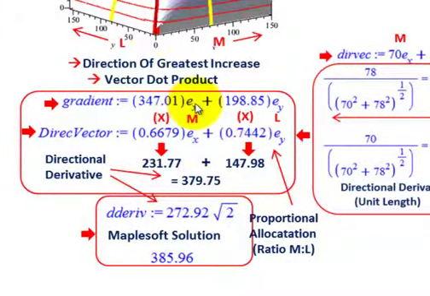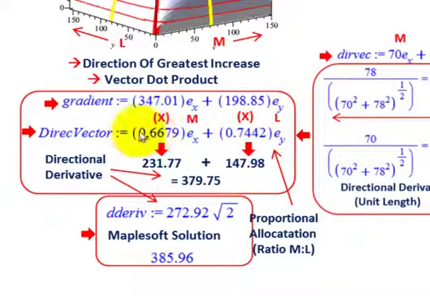Moving over here, we have our gradient vector, input for material and labor. You take what they call the vector dot product: your directional vector's unit amount times your gradient vector. It would be 347.01 times... make sure you have material here, the vector for X for material, and then the vector for Y was for labor.